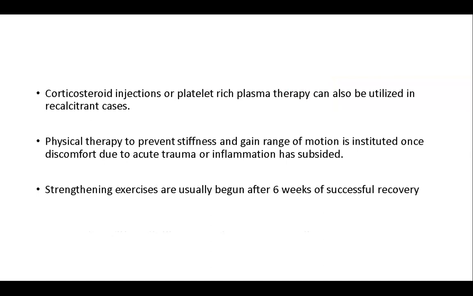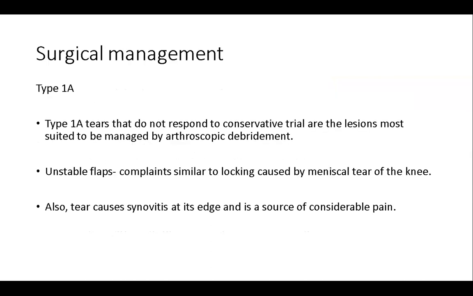In recalcitrant cases, corticosteroid injection or PRP can also be tried. Physical therapy to prevent stiffness and gain motion is instituted once discomfort due to acute trauma or inflammation has subsided. Strengthening exercise usually is begun after 6 weeks of recovery.